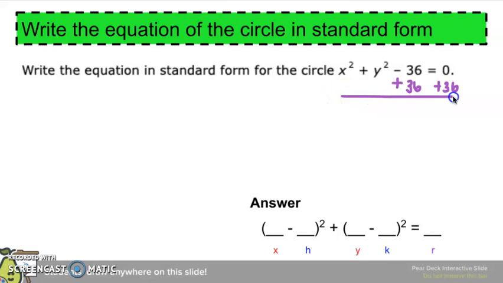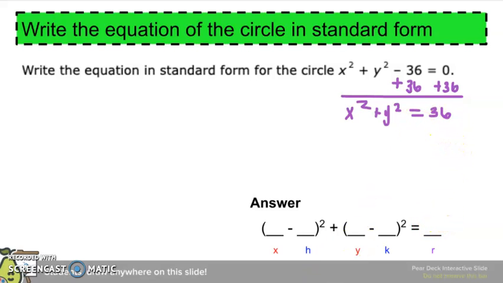When I do this, I'm going to end up just with x squared plus y squared equals 36. Now I do need to do one more thing, because 36 is not my radius, 36 is my radius squared. So remember, if we look at our form of our equation, it's typically the radius squared when we do the original equation.